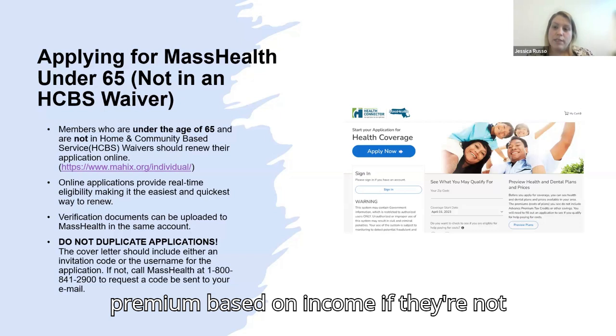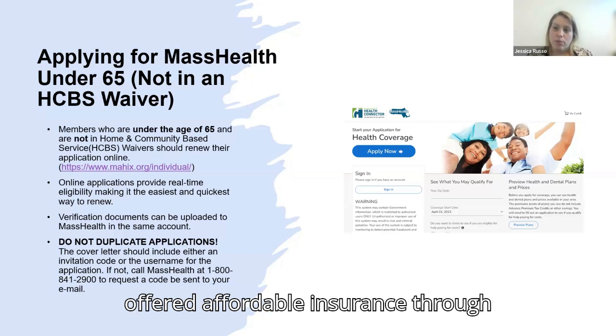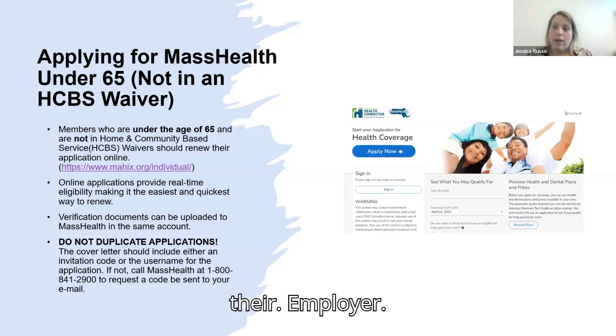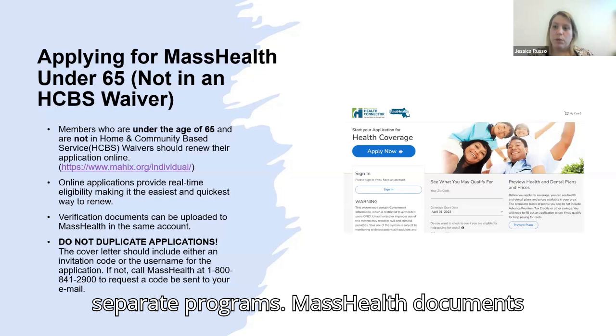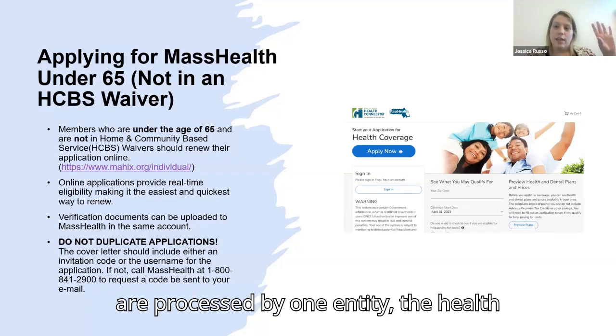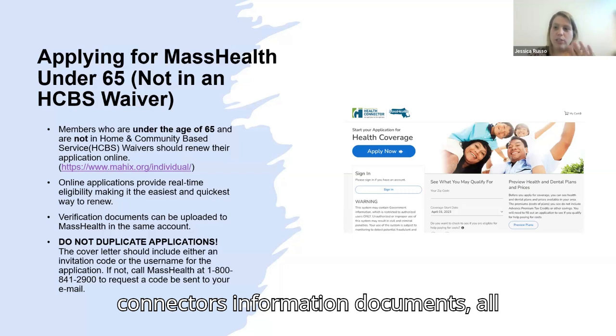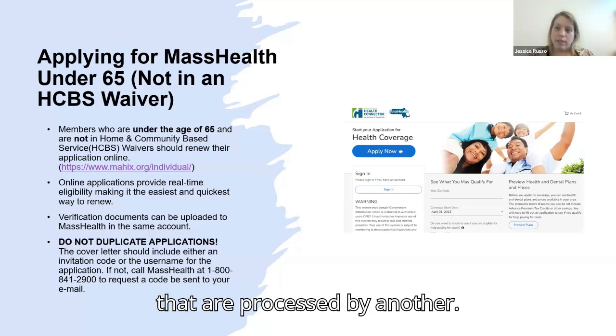And they pay a premium based on income if they're not offered affordable insurance through their employer. So that's just how they work hand in hand, but they really are two separate programs. Mass Health documents are processed by one entity, the Health Connector's information and documents are processed by another.